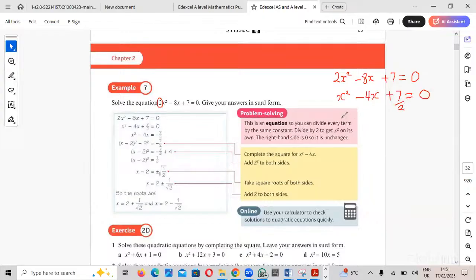Therefore, x squared minus 4x is equal to minus 7 over 2. I move this one to this side.